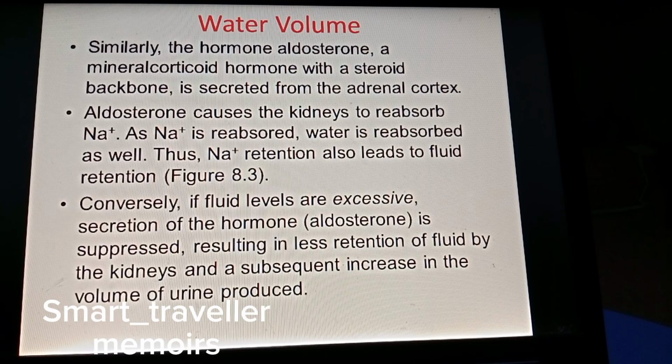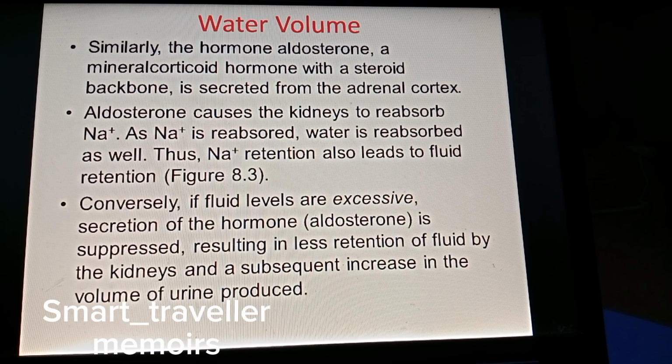Similarly, the hormone aldosterone, a mineralocorticoid hormone with a steroid backbone, is secreted from the adrenal cortex. Aldosterone causes the kidneys to reabsorb sodium ions. As sodium ions are reabsorbed, water is reabsorbed as well.